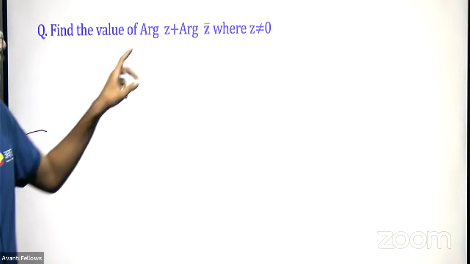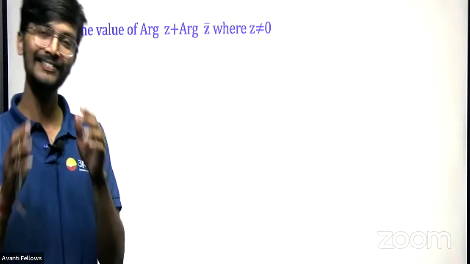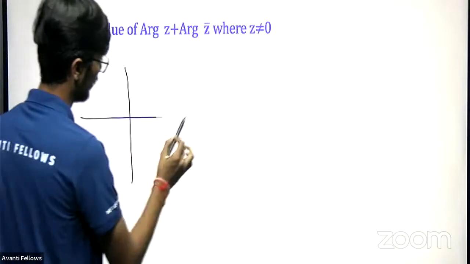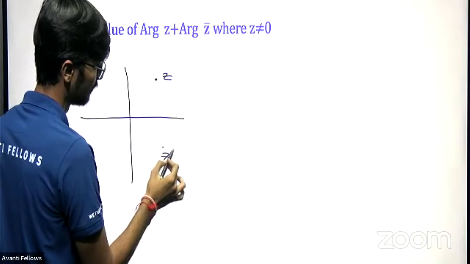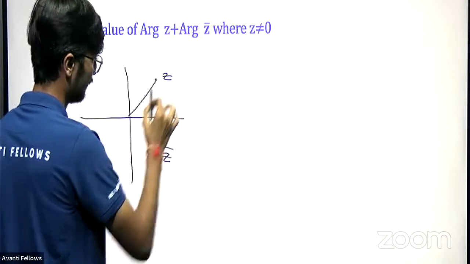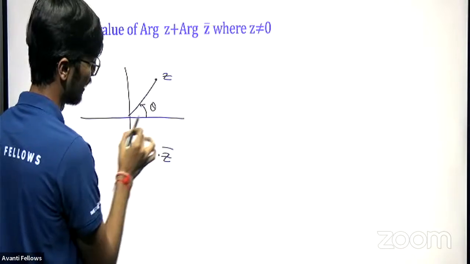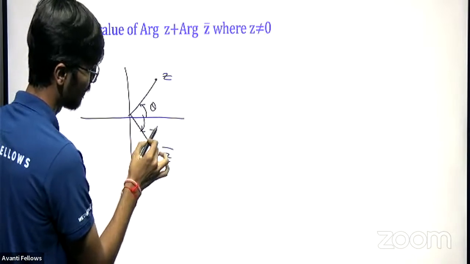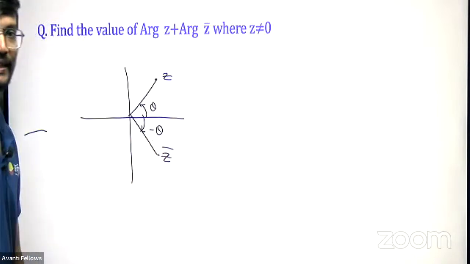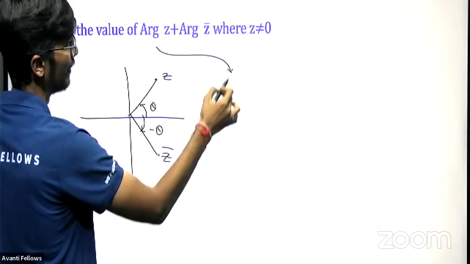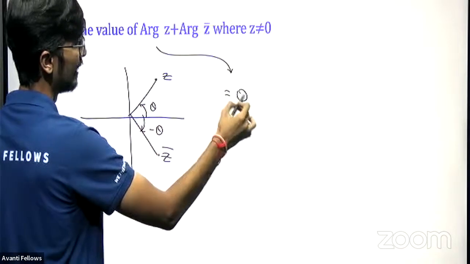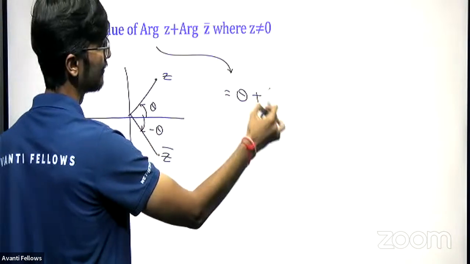Find the value of argument of z plus argument of z bar. Same concept we'll use. Again, let's say z is here, then z bar will be here. If this is theta, then this will be minus theta. The argument of z will be theta plus argument of z bar.